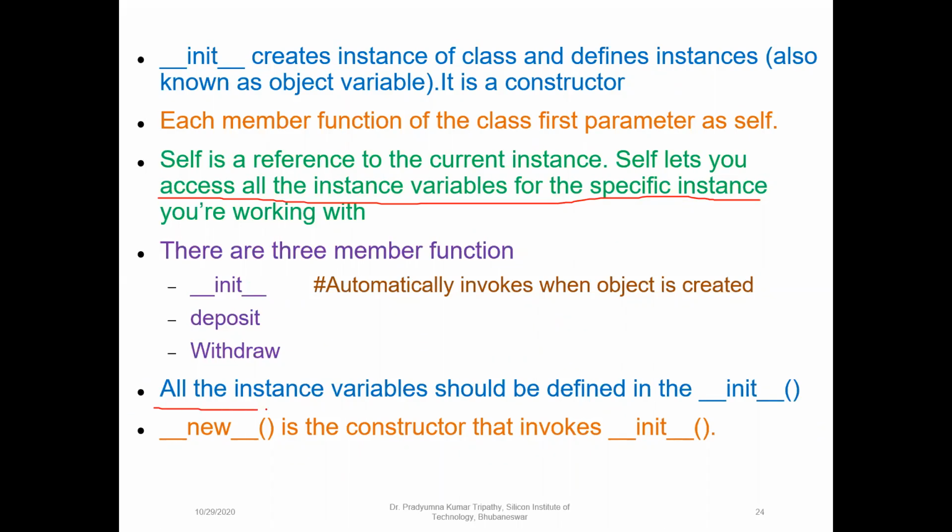This line you must remember. All the instance variables should be defined inside the INIT. Otherwise, that will give you an error. If you want to work with some variables, they have to be declared inside the INIT. That means the data members you want to use must be defined inside the INIT.